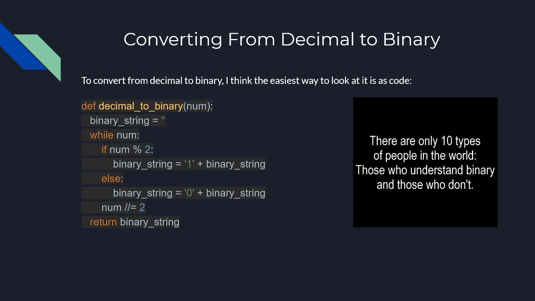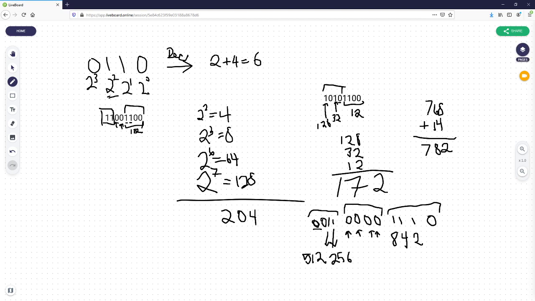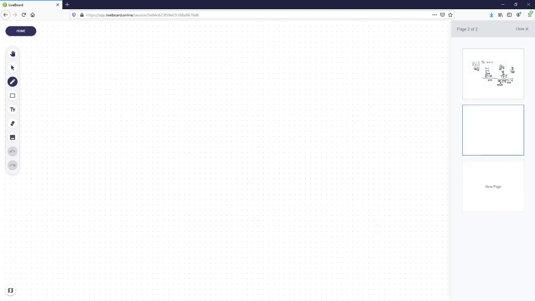And either way, we divide by 2. So let me just go through the algorithm a little bit and show you what it is to do this. So let's try to convert a number, 37. Let's convert this into binary.